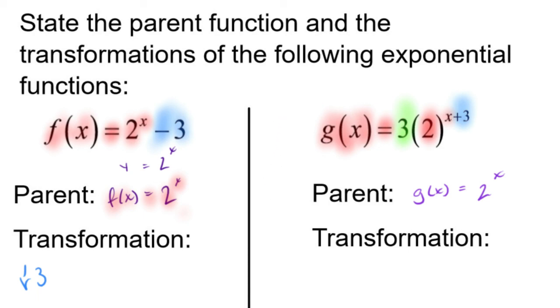This is an exponential growth function, so it's going to take the growth function that looks like this, and it would take a graph that looks like this, and instead transform it to look like this, where it's steeper. Okay, that's the idea. So steeper by 3, or a vertical stretch by a factor of 3.